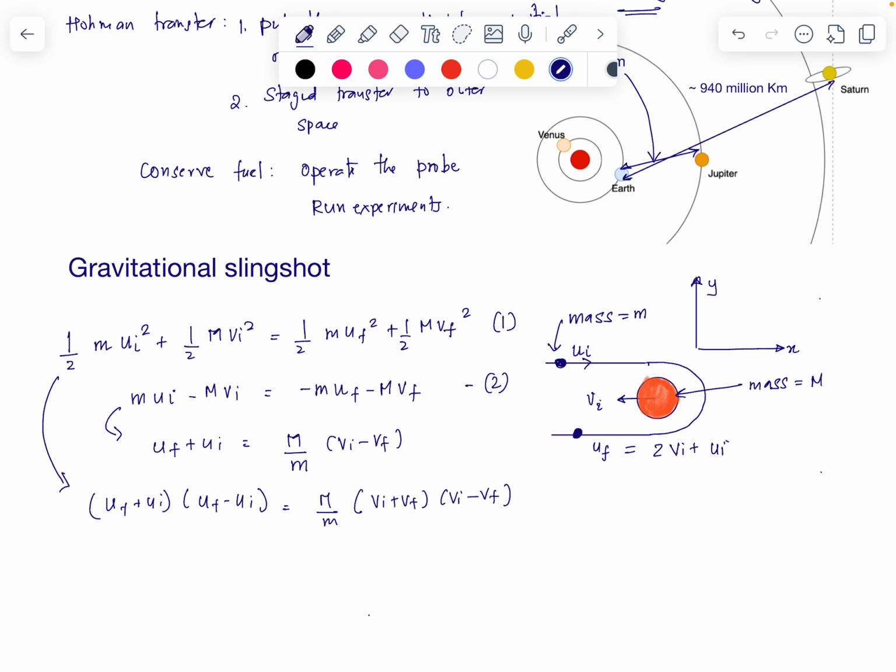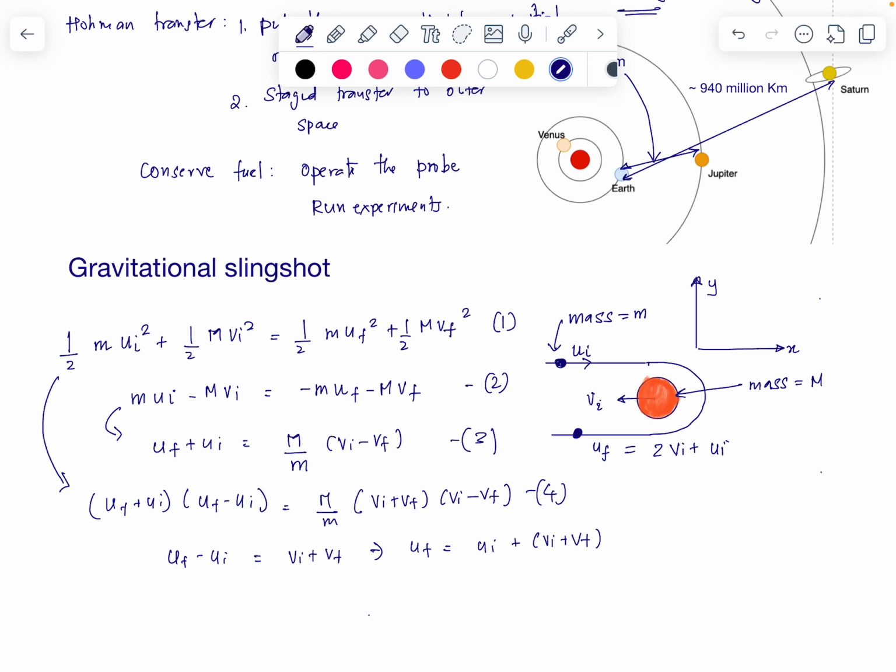So this is 3 and that's 4, and we divide 4 by 3, so you get uf minus ui equals vi plus vf. Therefore uf equals ui plus vi plus vf.